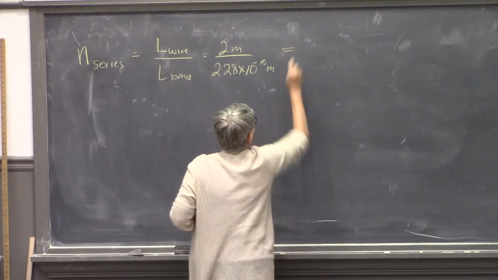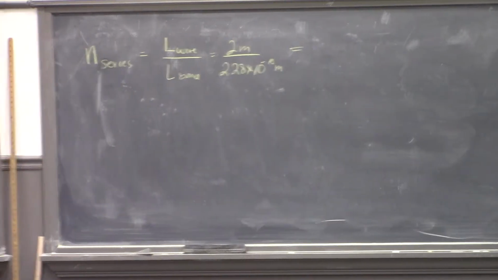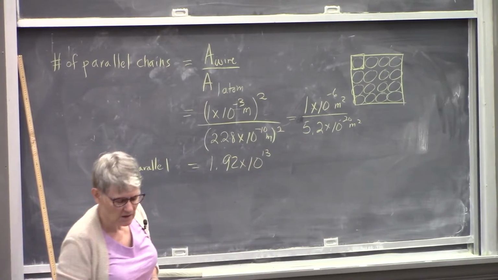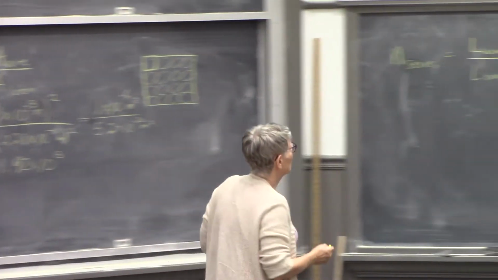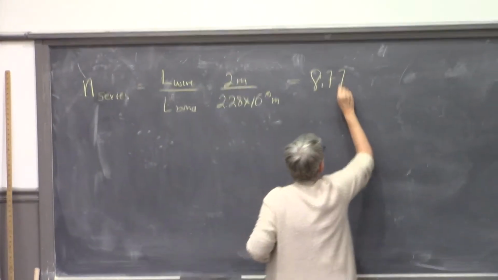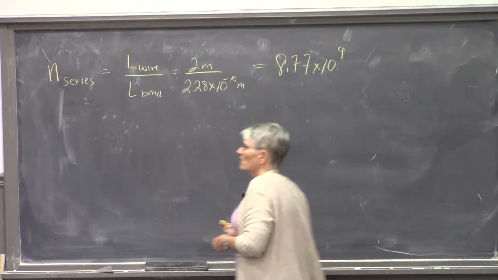And so this is going to come out to something like 8 point, 10 to the 9th chains in parallel.